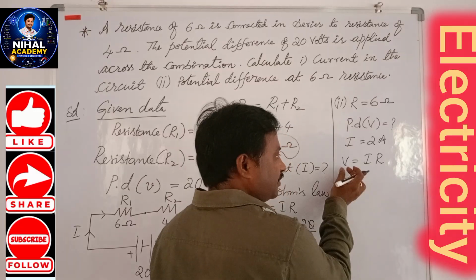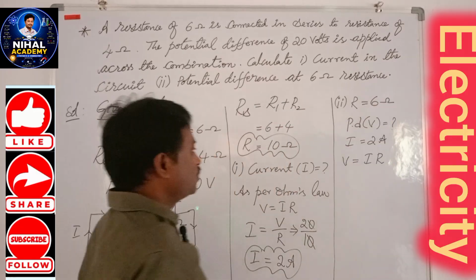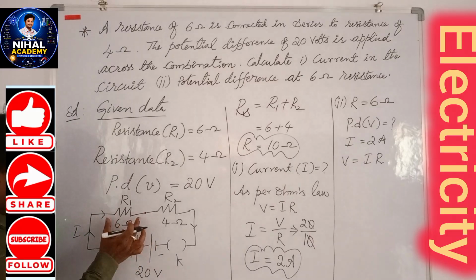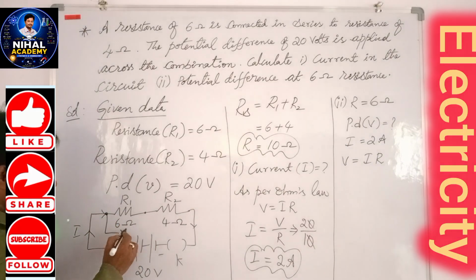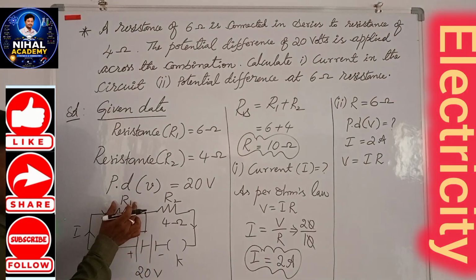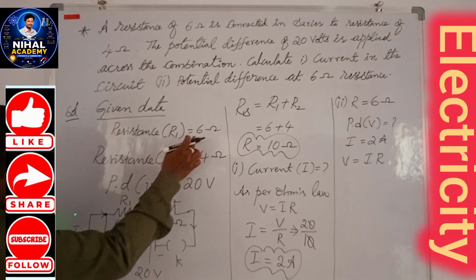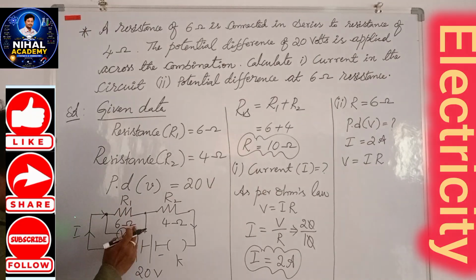Now we have to calculate the V. I is given and R we know is 6 ohm. So we have to calculate the potential difference at 6 ohm. This is the potential difference V at 6 ohm. This is the resistance R1, that is 6 ohm. So now R1 is equal to 6 ohm.